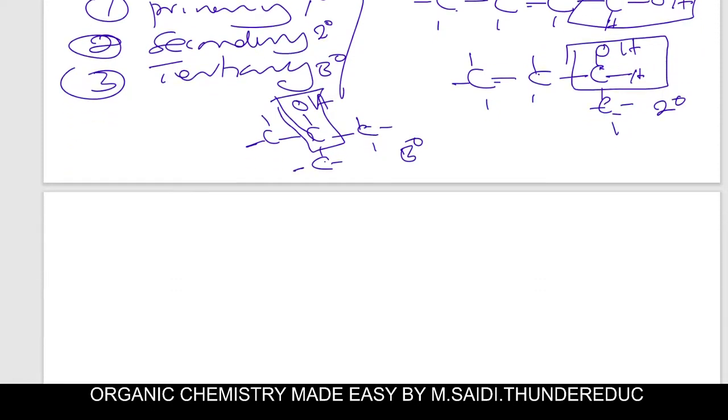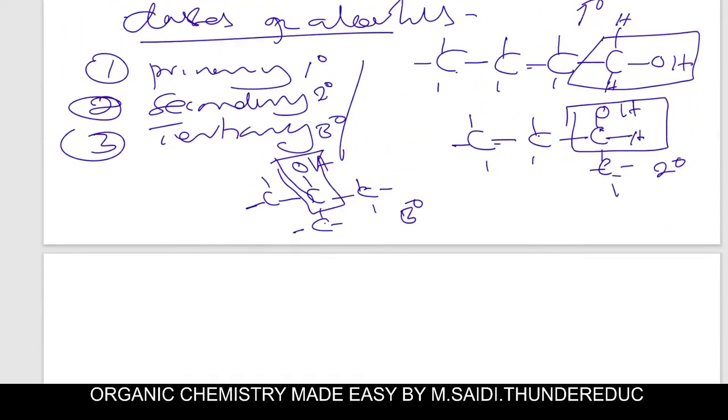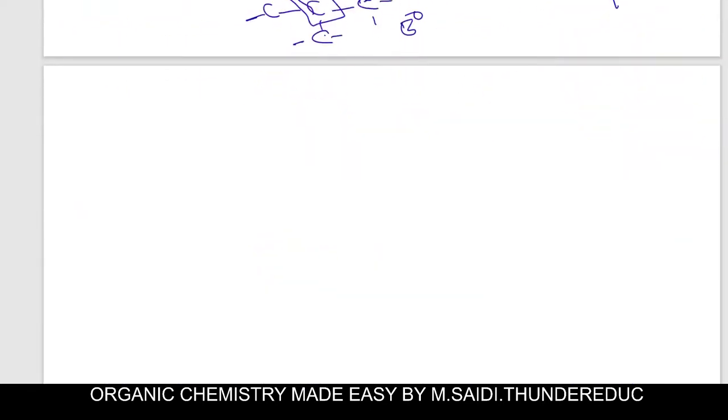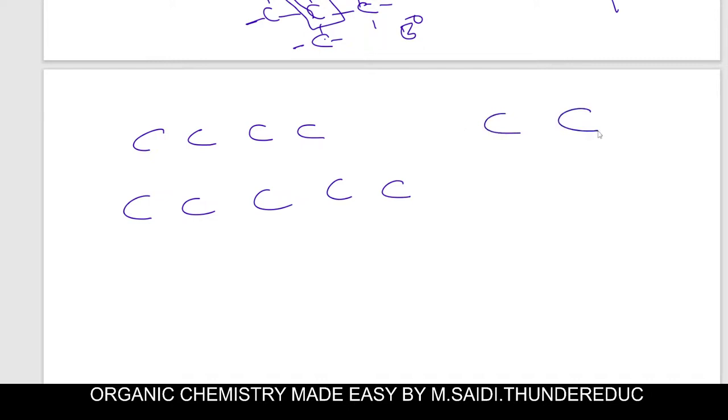Yes. Let's go to the third point, which we need to know about these alcohols. Naming. 1 2 3 4. 1 2 3 4 5. 1 2. 1 2 3.